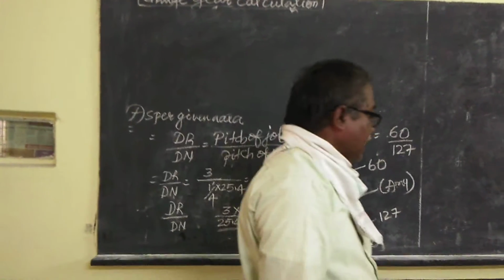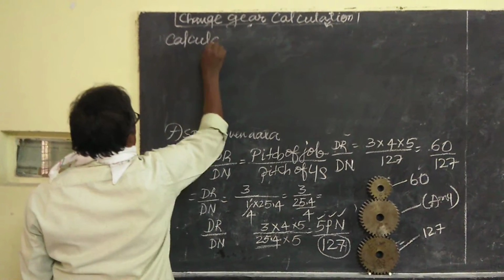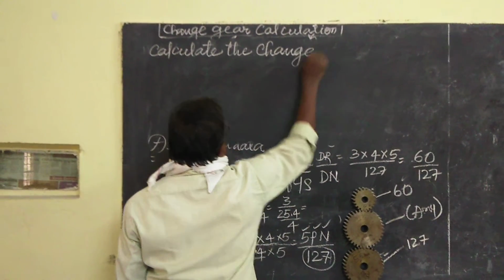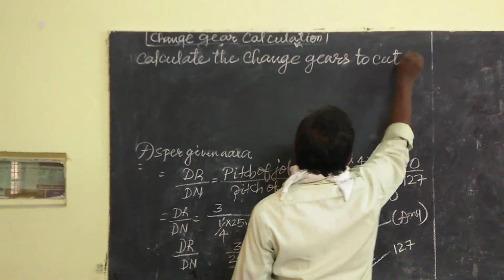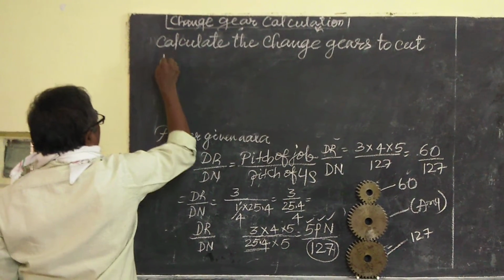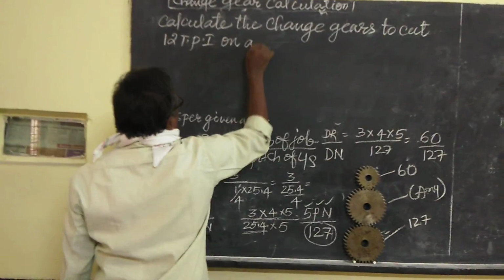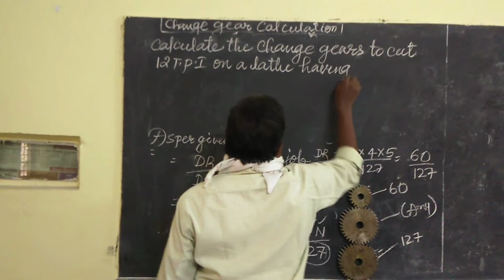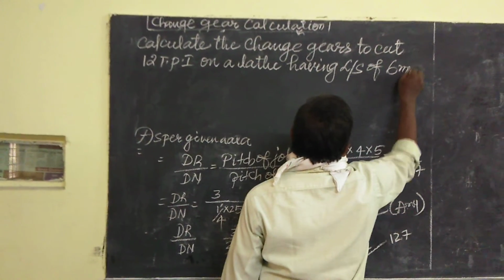Okay. Then the last formula I will explain. Then the last one: calculate the change gears to cut 12 kPa on a lathe having a lead screw of 6 mm pitch.